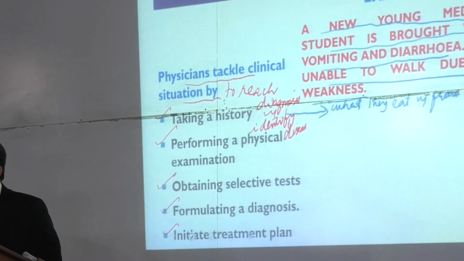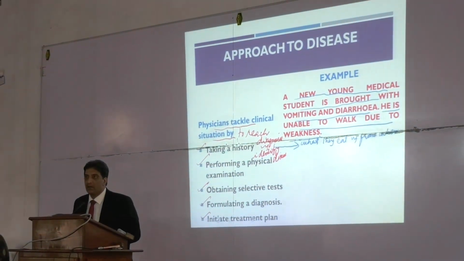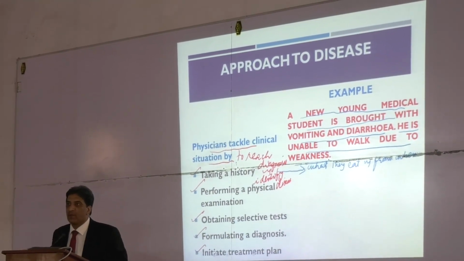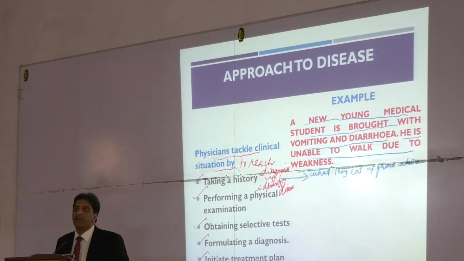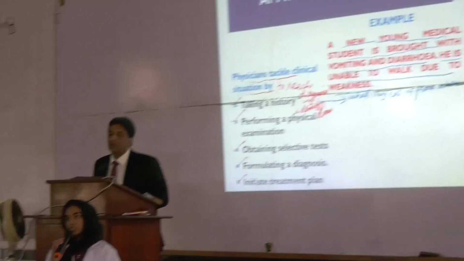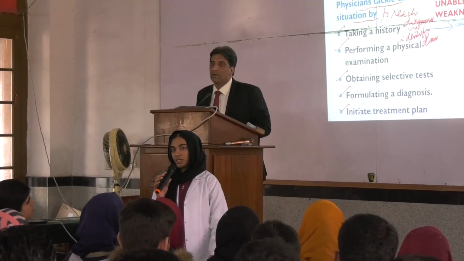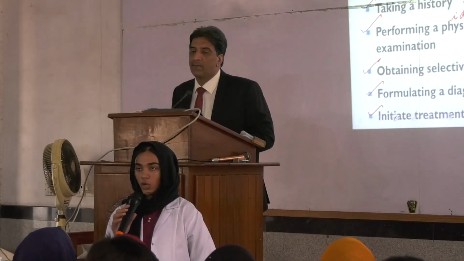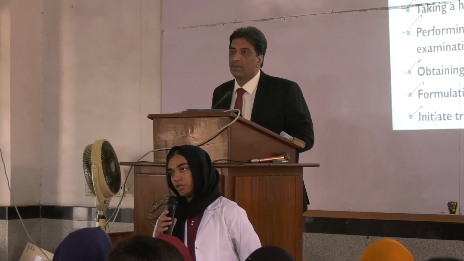So, what about a physical examination? What will you see in your patient? As fluid is lost in vomiting and diarrhea, which examination will you perform? Because the patient is experiencing weakness, the first step would be to record the pulse rate and the blood pressure, and then we'll also check the temperature of the lower and upper extremities of the body.